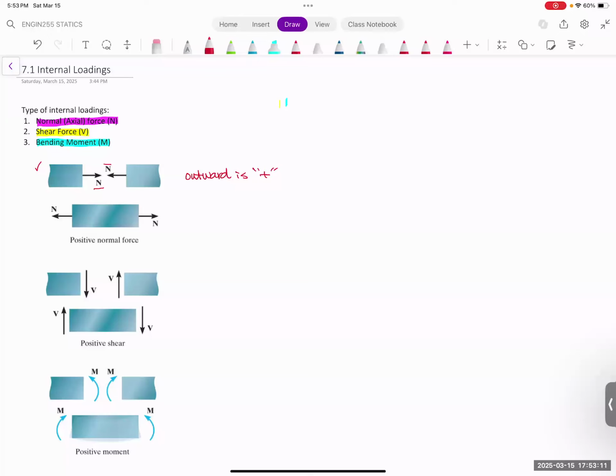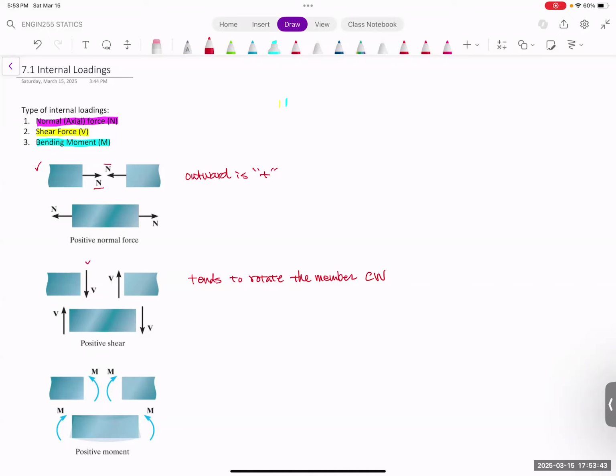For the shear force, if your shear force tries to rotate the member clockwise, then this shear force is positive.